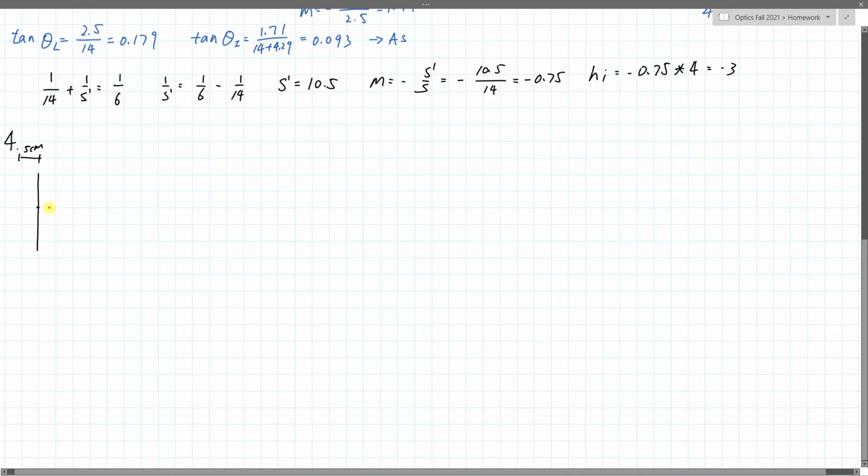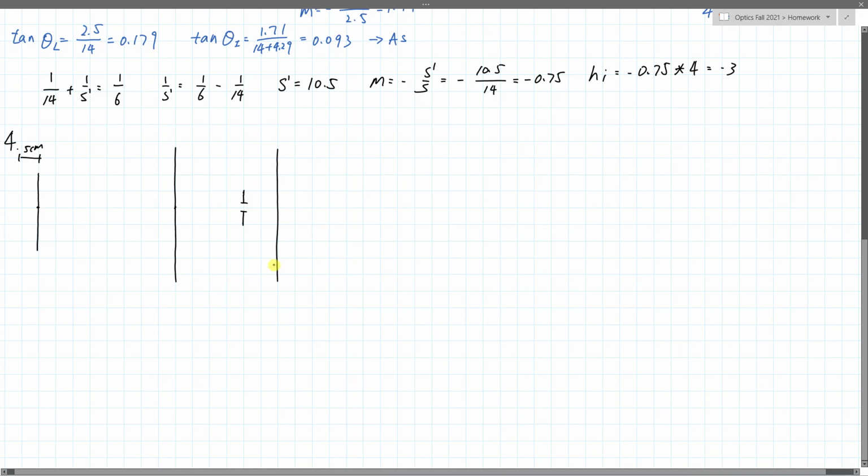So then 40 centimeters, so 8 blocks. Here's the first thin lens. And then another 20 centimeters, so the 4 blocks. Here's an aperture stop, not drawn to scale. The aperture stop is only half a centimeter in diameter. Can't really draw that to scale. And then another 10 centimeters, that's 2 blocks. We have another thin lens.